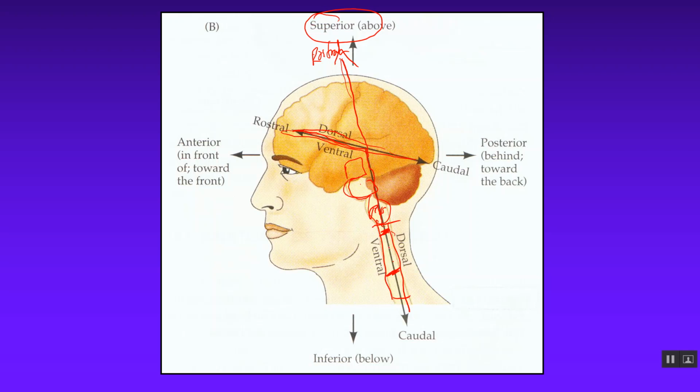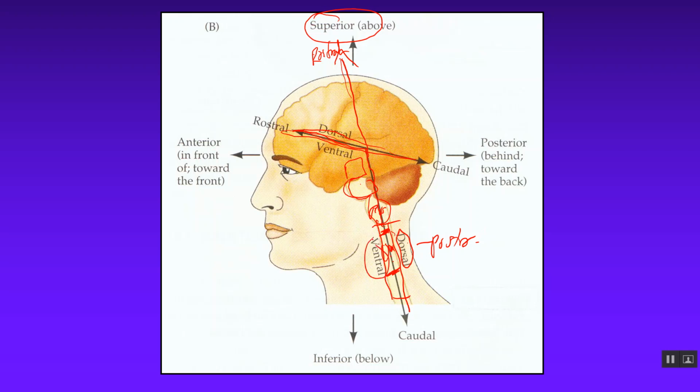Or I could say the dorsal horns, or a part of the spinal cord, is dorsal to another spot. Or I could say it's posterior. So posterior and dorsal are synonymous in the spinal cord, brainstem, pons, midbrain, okay?